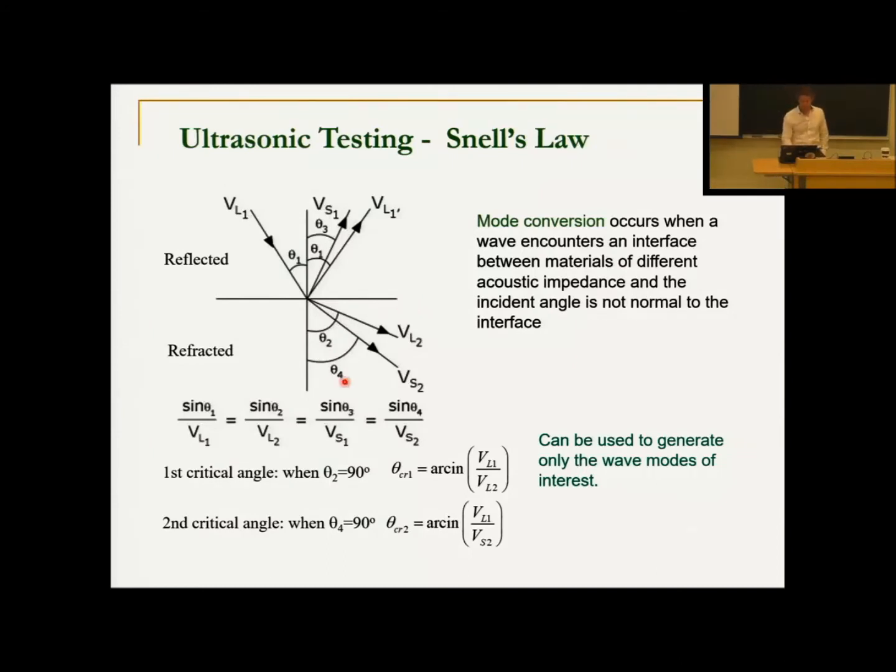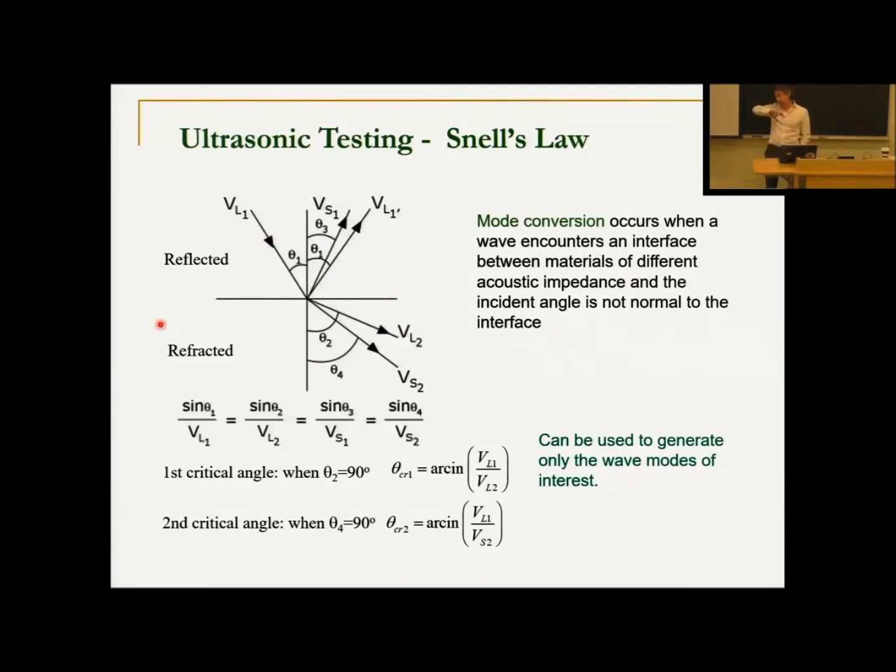That's called the first critical angle. So we just increase, both of these are increasing, and this basically disappears from the body material, leaving only the shear wave. We can then continue to increase this angle until this, theta 4, increases all the way to the surface.